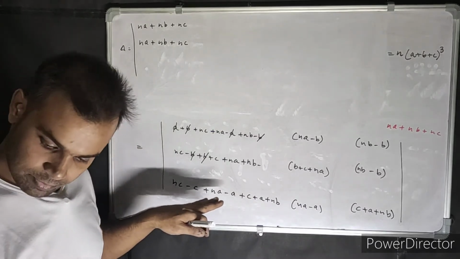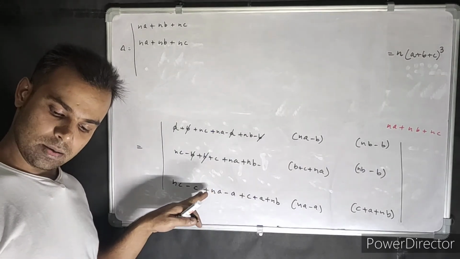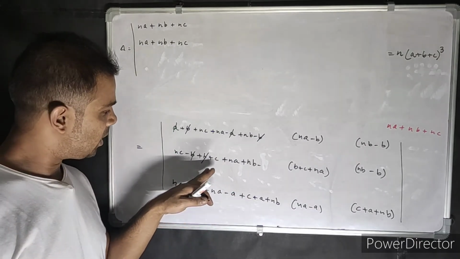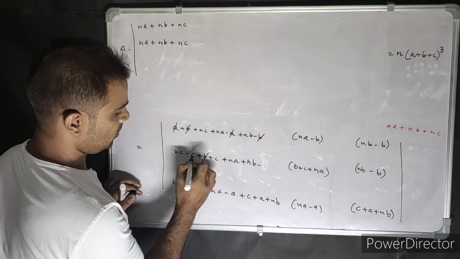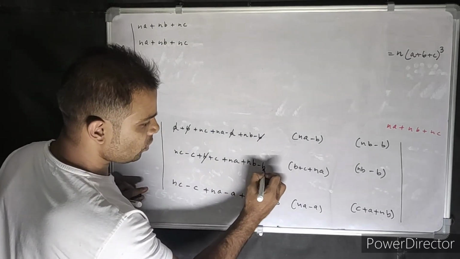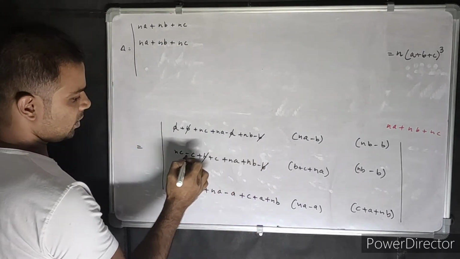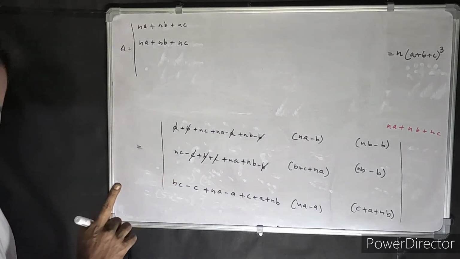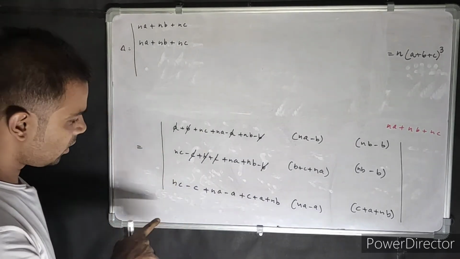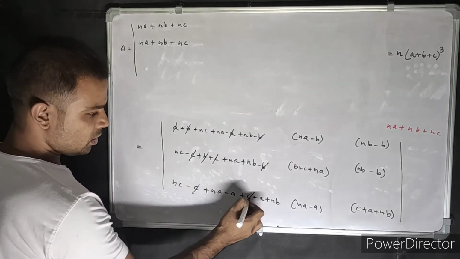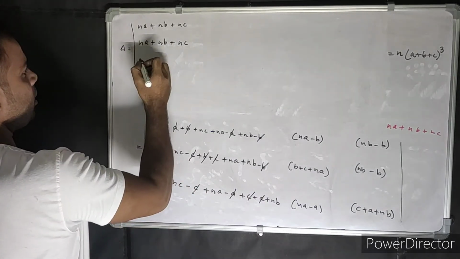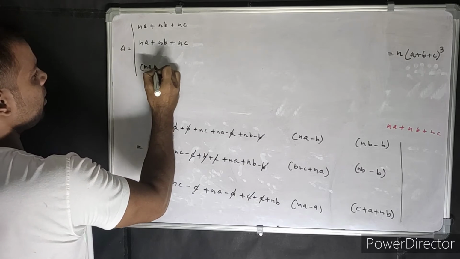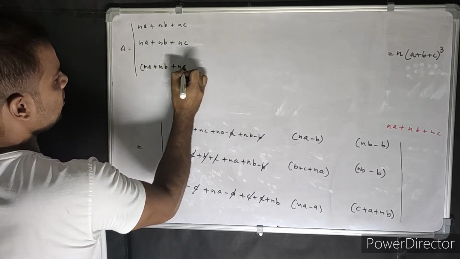What happened? Column 1, this b plus c, and here I made a mistake. This one and this one was okay. So this and this got cancelled and this got cancelled. I made a mistake here. Don't worry about it. Okay, I corrected it. Then the c got cancelled and then the a's got cancelled. Now I didn't make a mistake there. So now you have na plus nb plus nc.